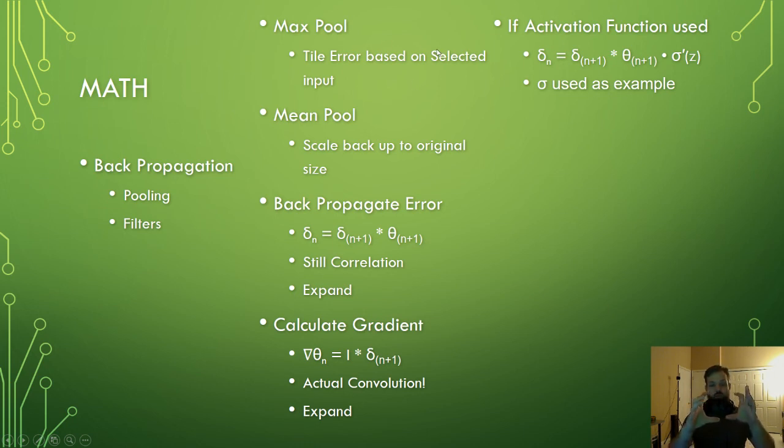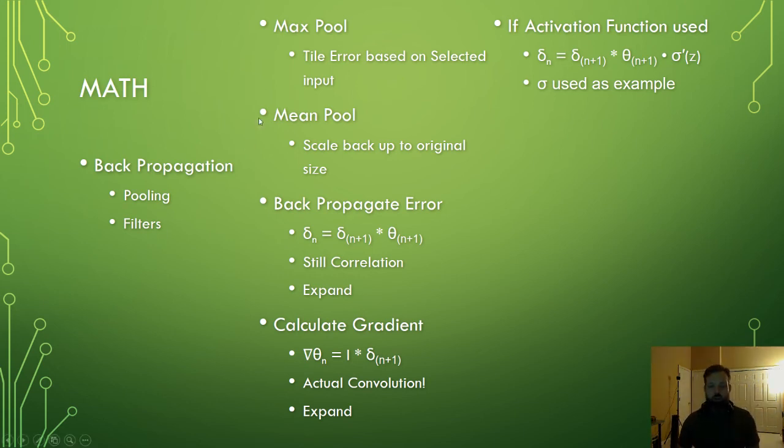If you had this 4x4 area that became this 1 pixel, whatever error corresponds to that pixel is now going to go to just the one that was the max. You're just going to put that error right back where it came from. The rest of them will all be 0.